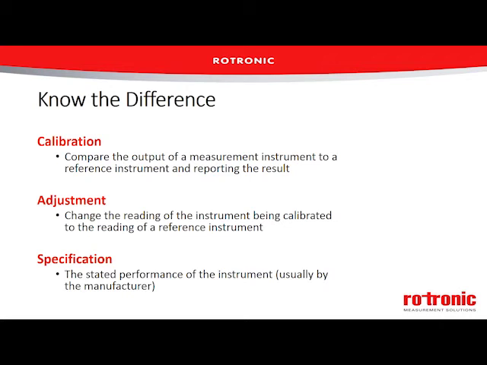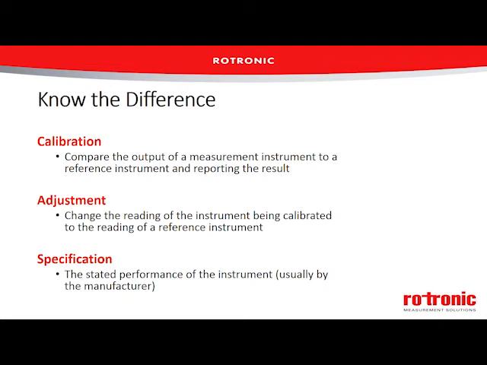An adjustment is where you change the reading of the instrument that's being calibrated to match the reference. So it's important when you send your instrument out for the service that's called calibration that you clarify if it includes an adjustment. For example, if you send an instrument up to NIST for calibration, they're not going to adjust it. They're just going to do a pure calibration. And the third term is specification.